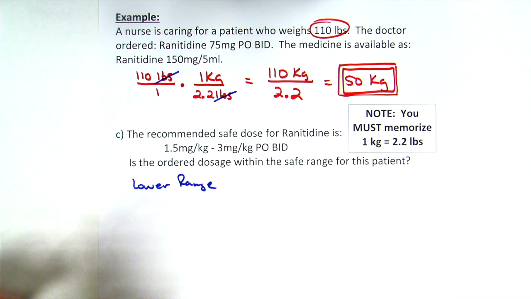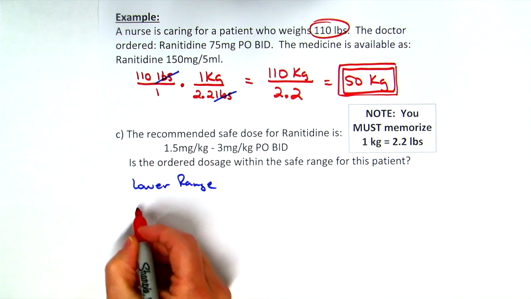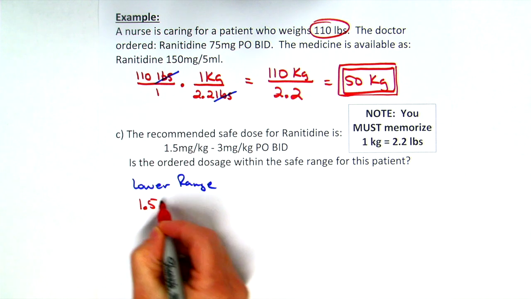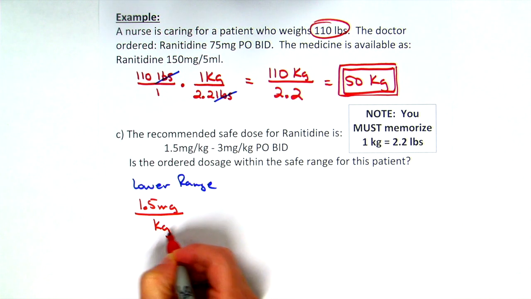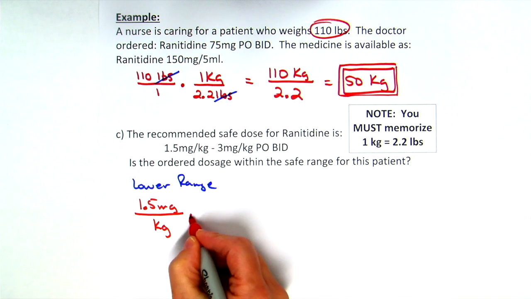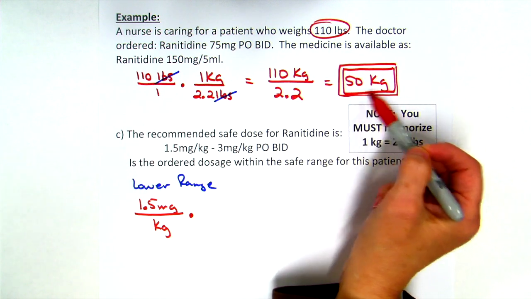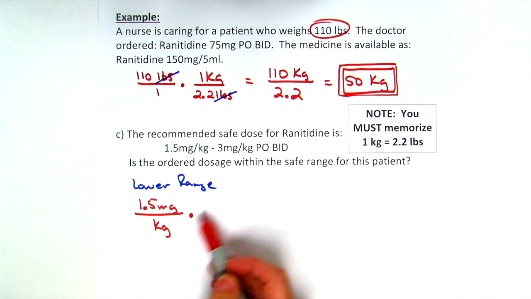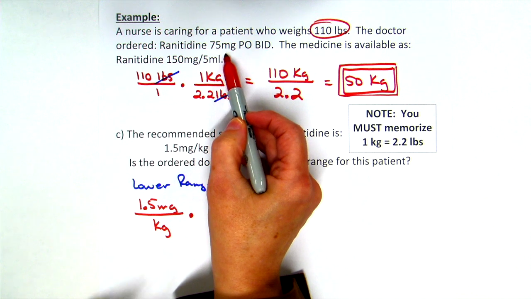All right, again, I'm going to use the unit analysis. So my lower range here is the 1.5 milligrams per kilogram. And then I'm going to include the person's weight, which was 50 kilograms. I want those kilograms to cross out. I'll be left with just milligrams, and that's what the order was for.